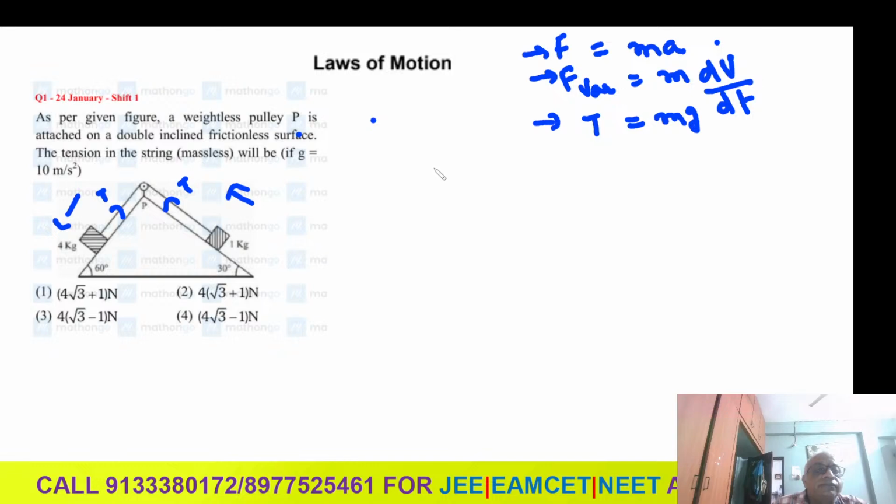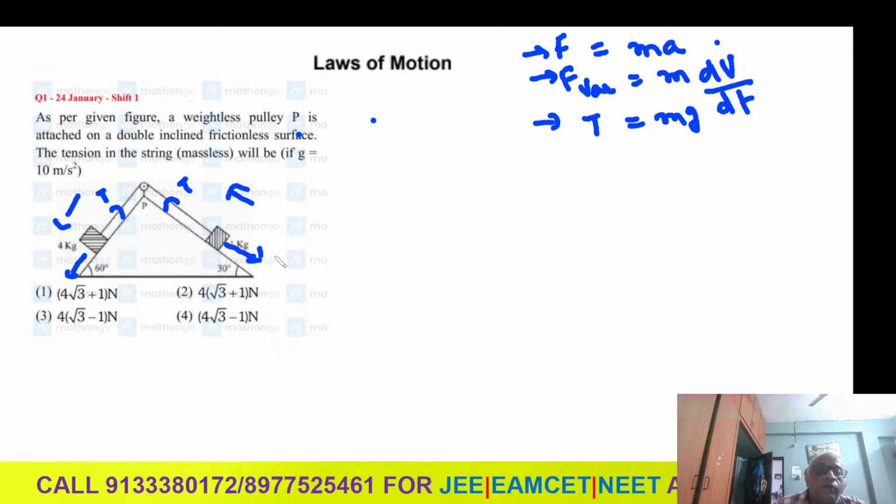To make components, we have to divide the weight into components. You know weight will act vertically downwards. So for the 4 kg, a downward component will be there along the incline. Here also a downward component will be there.